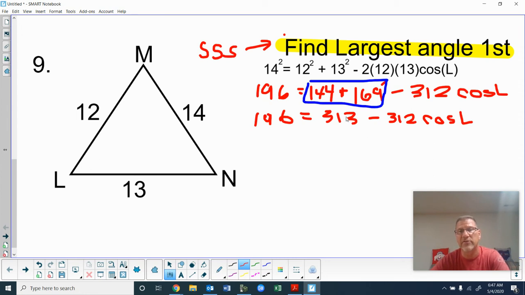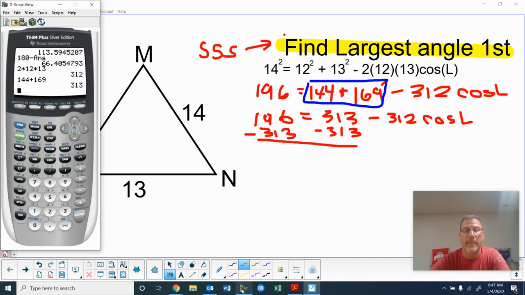I've got to take this 313 to the other side by subtracting, and then I have to divide by the negative 312. So then I can solve for cosine of L. So I'm going to go 196 minus the answer I have in there. Got to make it 196 minus that answer.